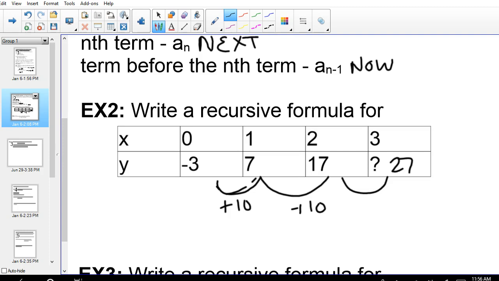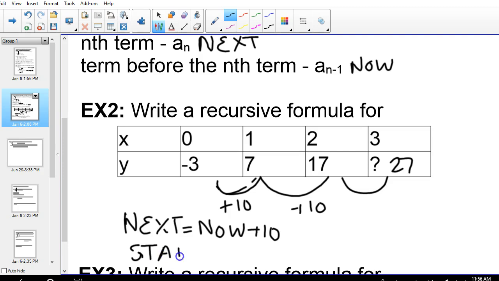So if I'm going to write a recursive formula for this, the way that most of you did in Math 1, you'd say the next number equals what you have right now plus 10, and you start at -3.